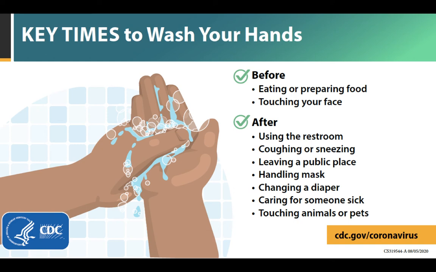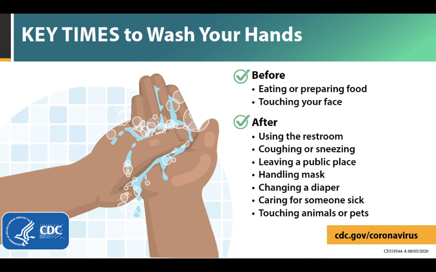Again, just as a reminder, in our previous slides, we talked about how some infections may be transmitted, and this is one of the ways it can be transmitted, and that's with touching an animal or a pet. I would also add on here washing after you've prepared food or while you're preparing food as well, because it can be transmitted through raw foods as well.